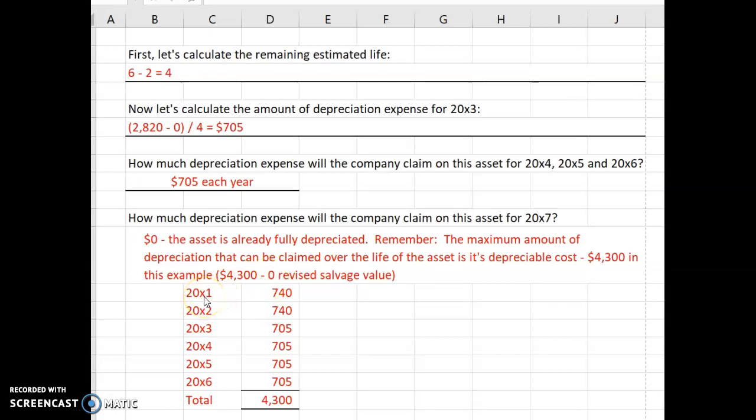In 20X1, they claimed $740 of depreciation, the same in 20X2. Then in 20X3, 4, 5, and 6, they claimed $705 depreciation in each of those years, giving a total depreciation over the life of the asset of $4,300, its cost minus the 0 revised salvage value.